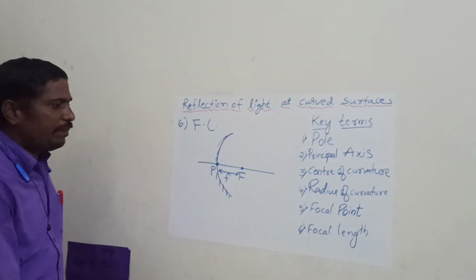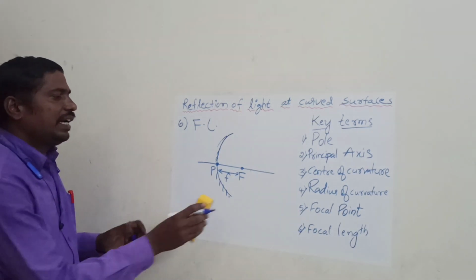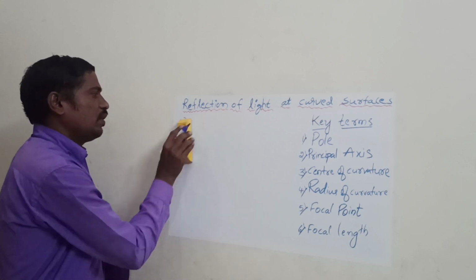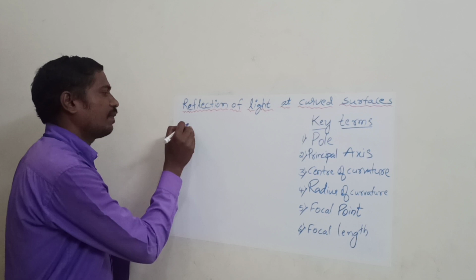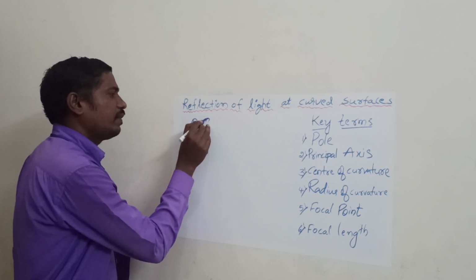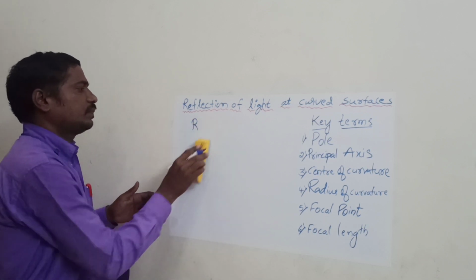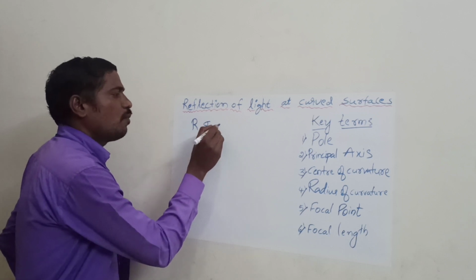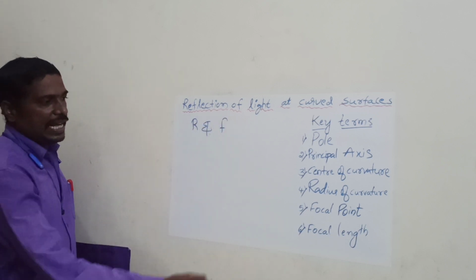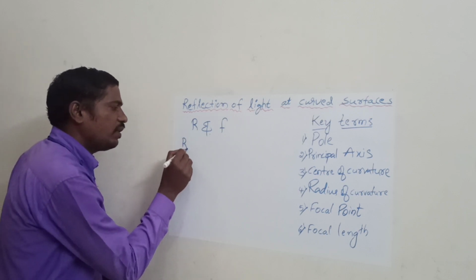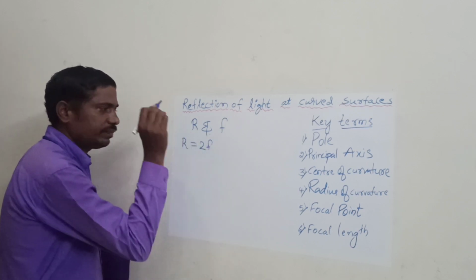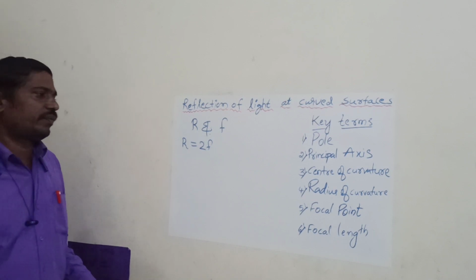Now, the relation between the radius of curvature and focal length, small f: R equal to 2f.